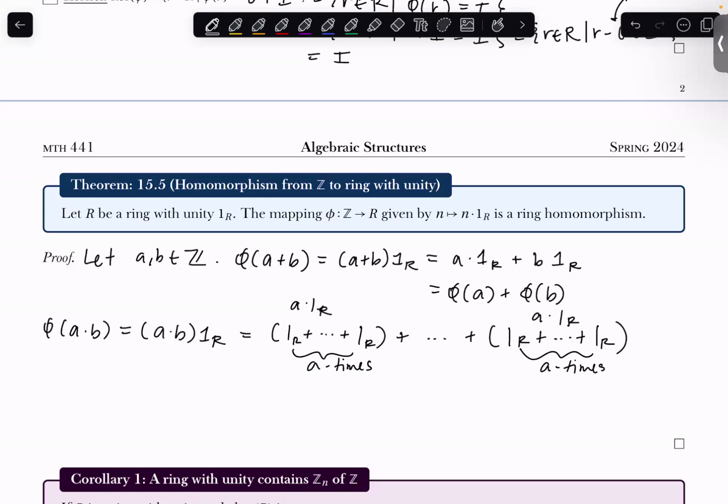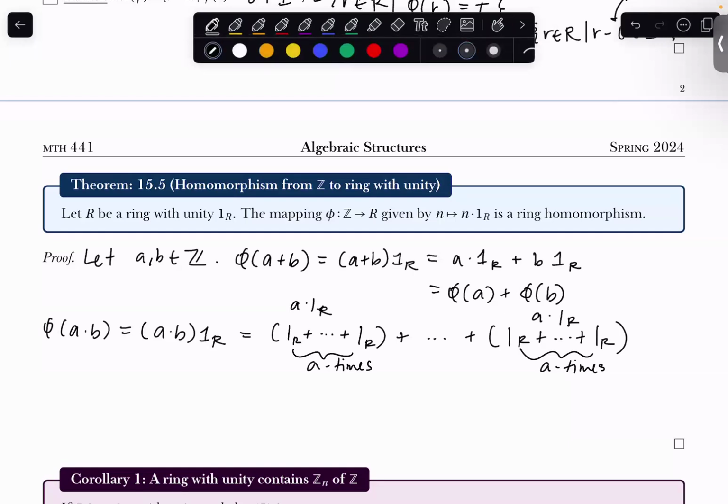And in parentheses, these are really representing 1 being added to itself a times, or a times 1, in each one of these that show up. And I need to think how many of these parentheses are showing up here. It's b. I could also interchange this, I can do these as b's and then on the outside is all a's, but they really represent the same thing if I do a times b or b times a here.